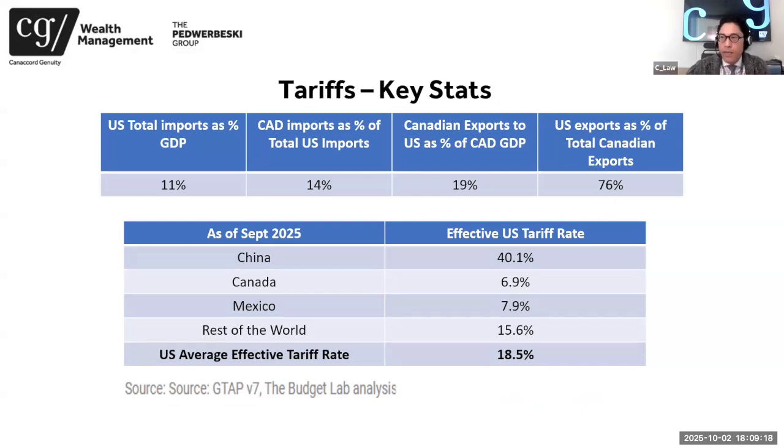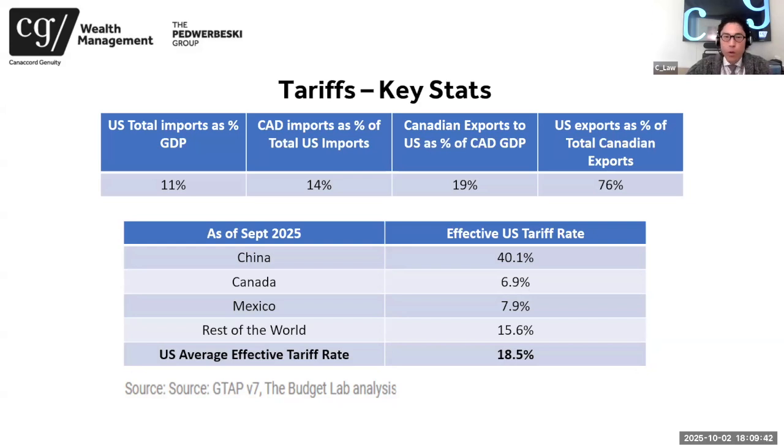Another way to think about that is that out of that 11% that the US imports, 14% of that is Canadian imports. So Canadian imports represent about 1.5% of US GDP. On the other hand, Canadian exports to the US represent 19% of Canadian GDP.